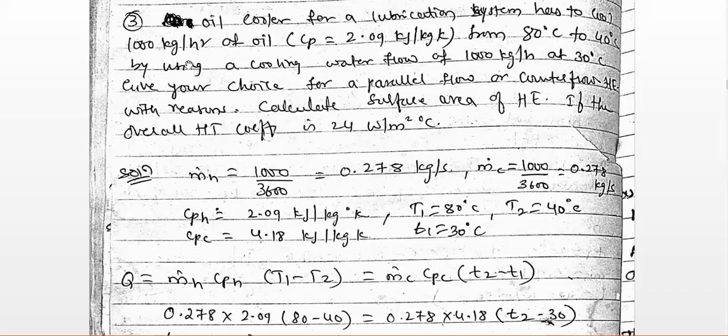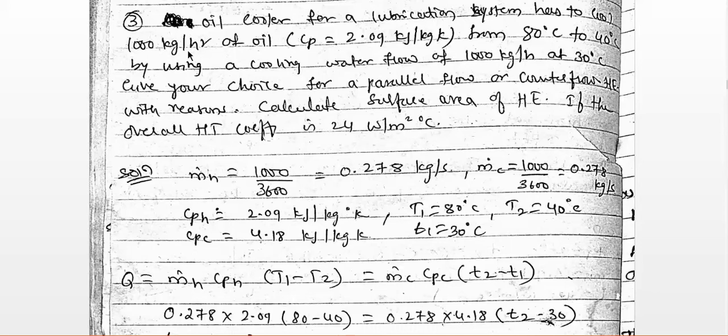Always maintain the mass flow rate unit as kg per second and the specific heat unit as joules per kg Kelvin. Very important part this is, so please all of you maintain this unit.